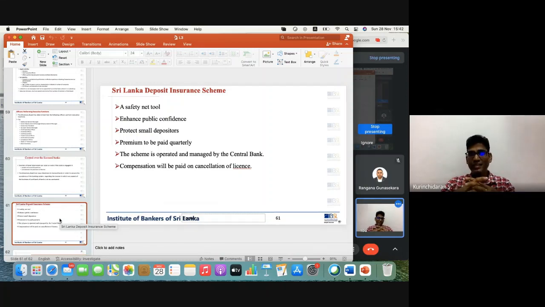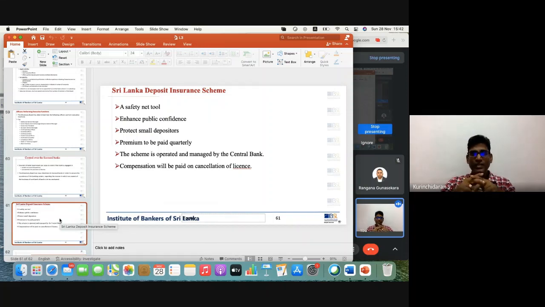Up to that they can claim, right? So this scheme is a safety net to build public confidence in the banking system and, as I said, protect small deposit holders.